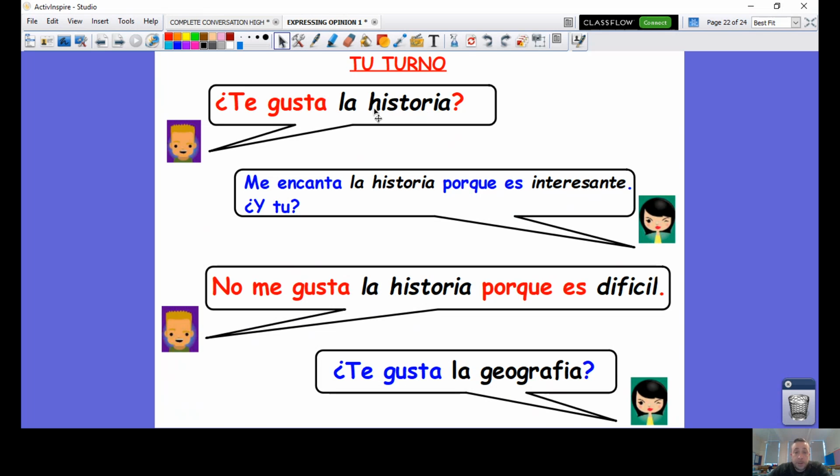It doesn't have to be history, it could be any other subject. Introduce the other person, y tú, so they can answer the same question that you've asked. And then one more question at the bottom. When you've done that, you can upload it to Seesaw, and then I can have a look and make a nice comment on it.